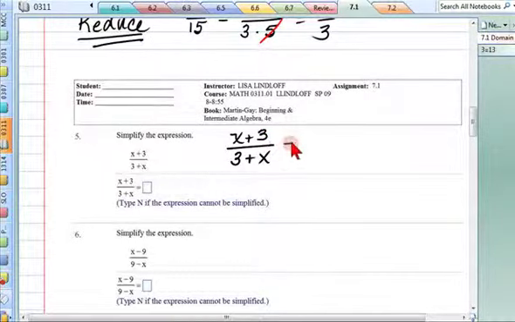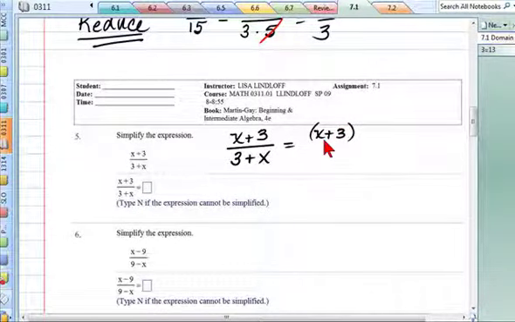Since I can't factor it, I'm going to just write it as x plus 3. I'm going to put it in parentheses, and I will explain shortly why it's important to put it in parentheses. If you can't factor something, then just put it in parentheses. It is a prime factor all on its own. All right. Now, the denominator. Can you factor 3 plus x? No.